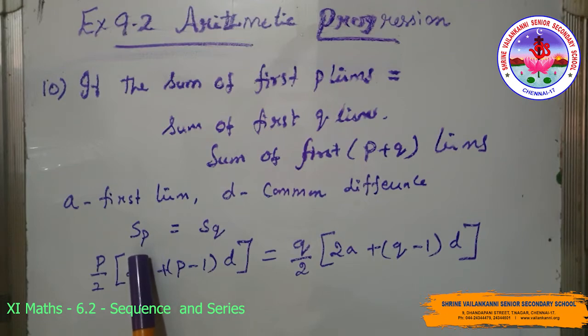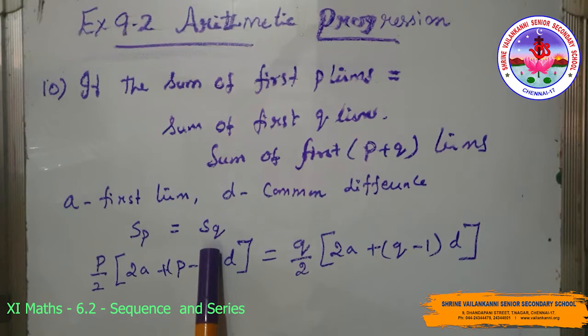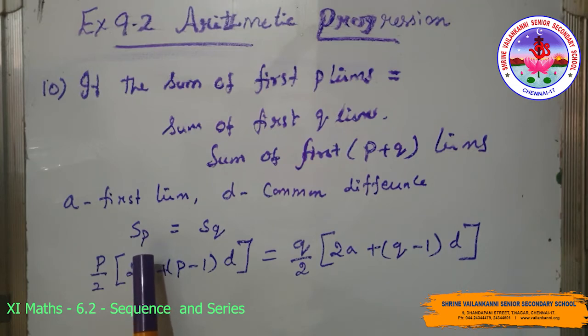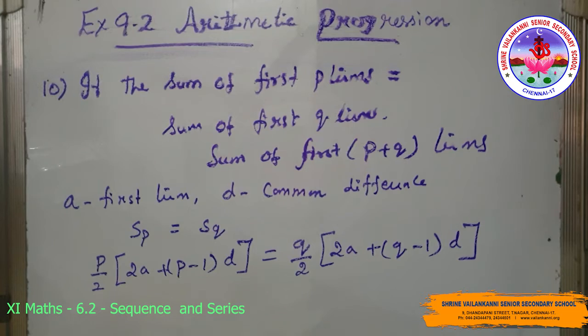So the sum of the first P terms, which is equal to the sum of the first Q terms, that is SP equal to SQ. So using the formula n by 2 into 2a plus n minus 1 into d, SP is, in the place of n we write P. So P by 2 into 2a plus P minus 1 into d, which is equal to Q by 2 into 2a plus Q minus 1 into d.